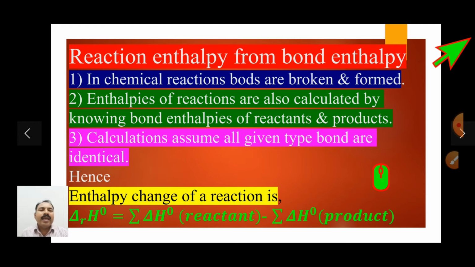Hence, the standard change in enthalpy of reaction, delta rH0, is equal to the summation of delta H0 of reactants minus the summation of delta H0 of products. By using this equation, the enthalpy change of reaction is calculated from the bond enthalpies.